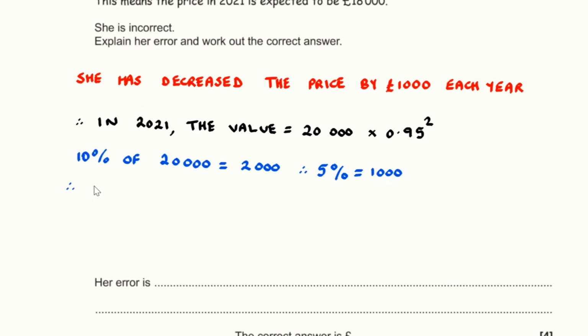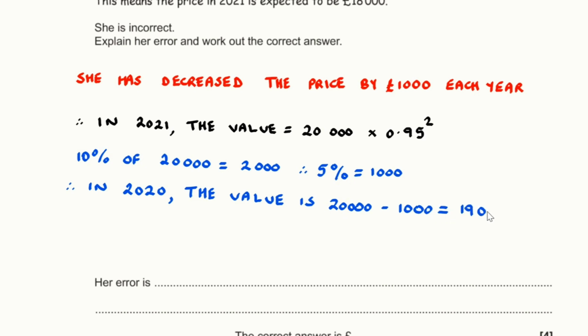So therefore in 2020 the value is 20,000 take away the 1,000, which is 19,000.